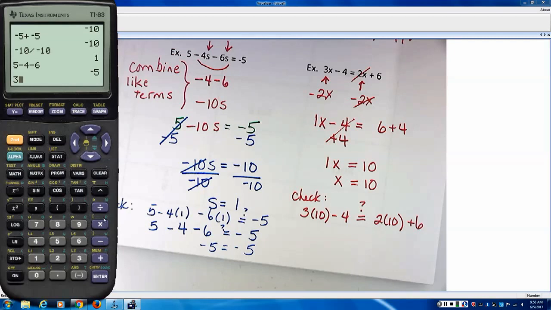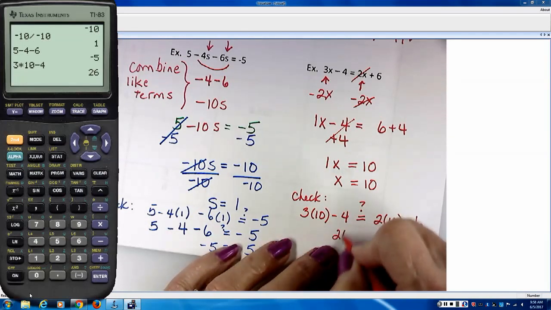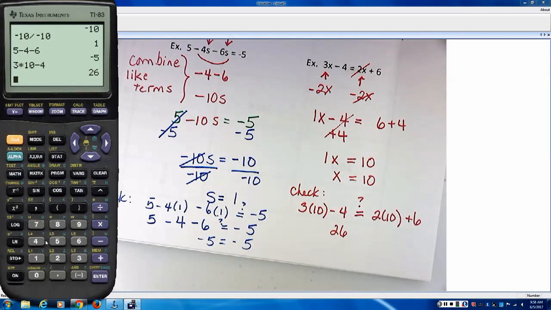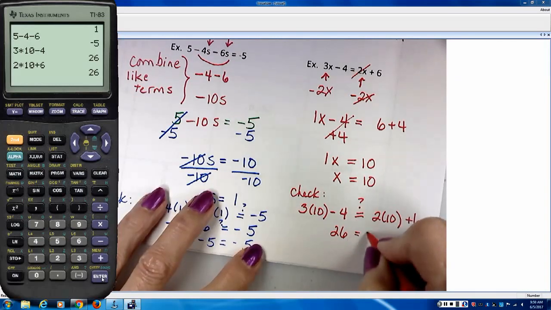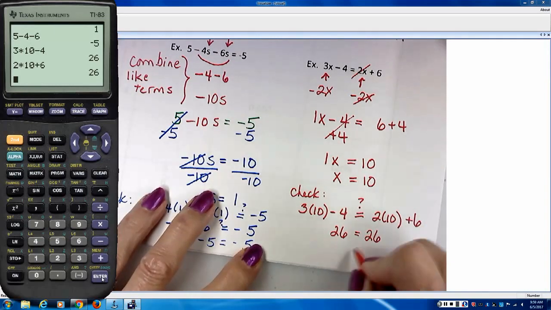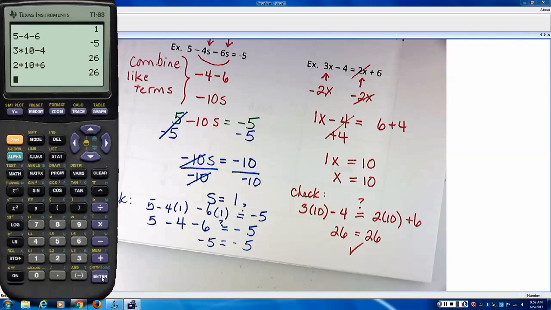Let's see, 3 times 10, subtract 4, is equal to 26. And 2 times 10, add 6, is equal to 26. So my answer checks.